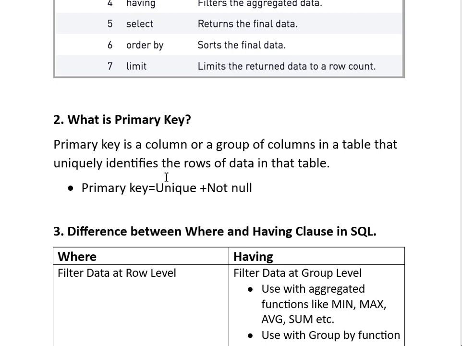A primary key defines unique rows of data, and the values could not be null. So just simply learn that primary key is unique plus not null.